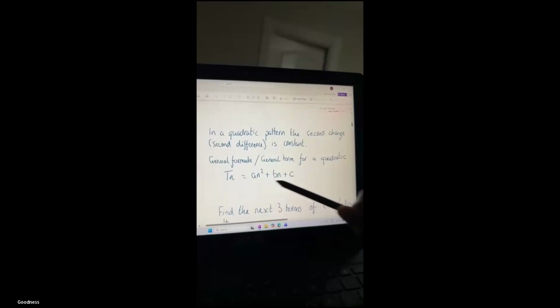Okay, so let's see what the general formula is for quadratic sequences. It is a n raised to power 2 plus b n plus c, and that is actually the general format for a quadratic equation.